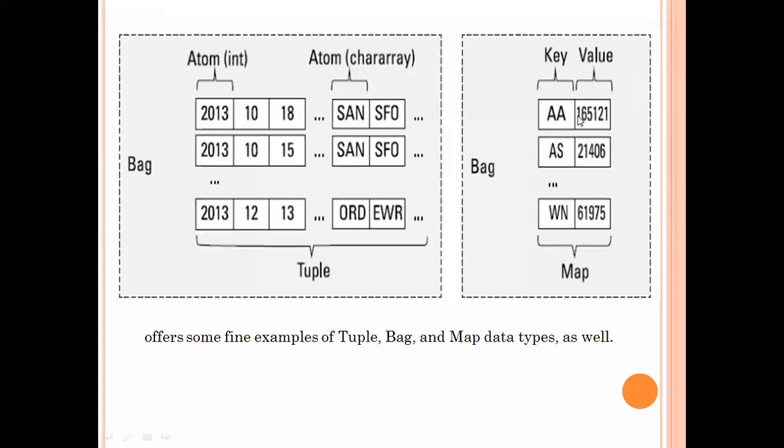A map contains two data: one is a key, another one is the value. The total number of maps is known as a group, and that group is known as a bag. Either a group of maps or a group of tuples is known as a bag. So this is the overall data types in Pig Latin.